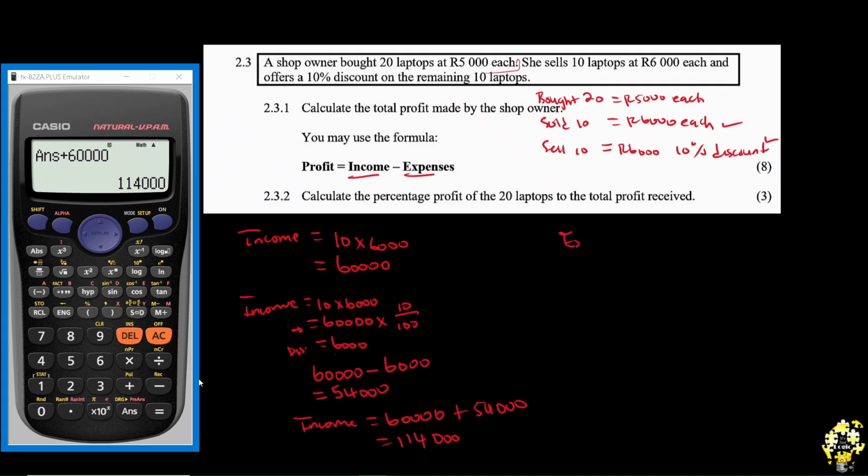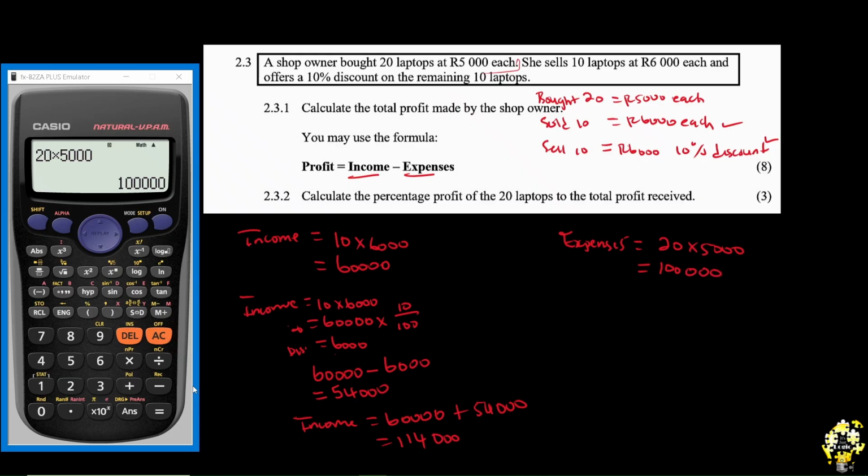Now let's come here and say expenses. Expenses should be quite straightforward. We bought 20 at a price of 5,000.